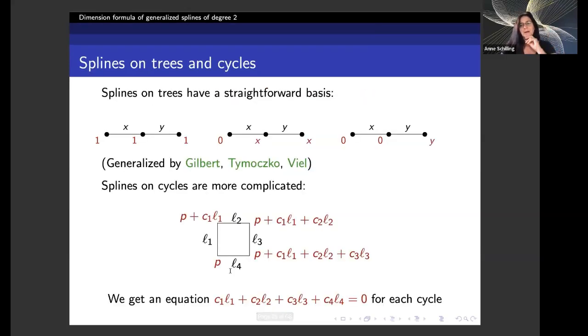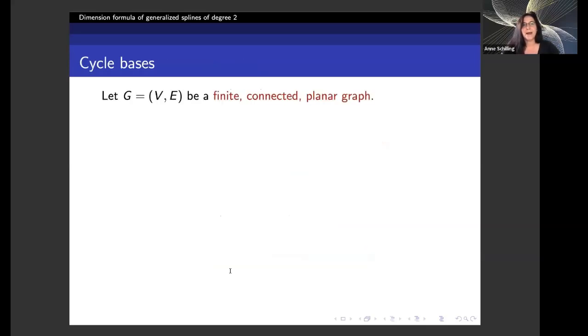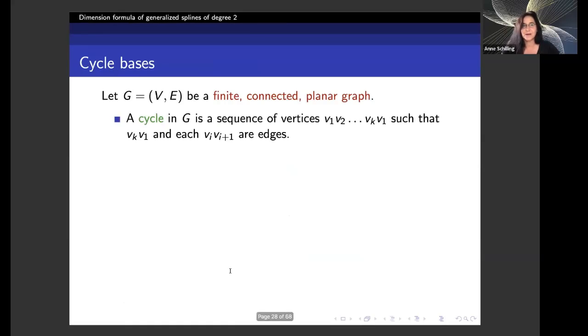What we are going to do now is capture these conditions in a matrix, and then we're going to be interested in the rank of this matrix. One question is, how do we capture all the loops in the graph? For a planar graph, you can look at the cycle bases.